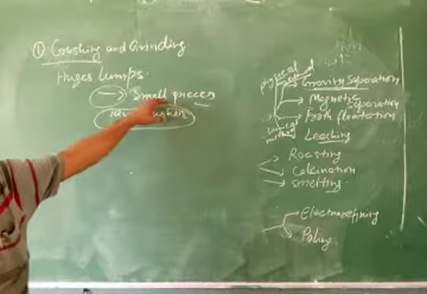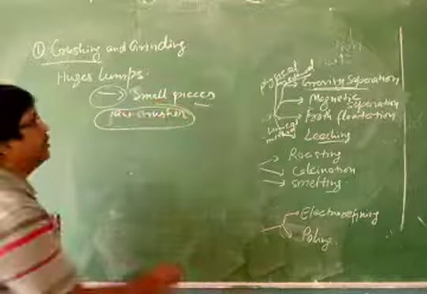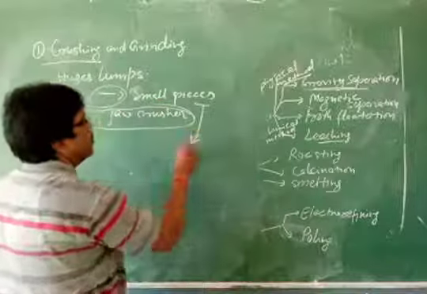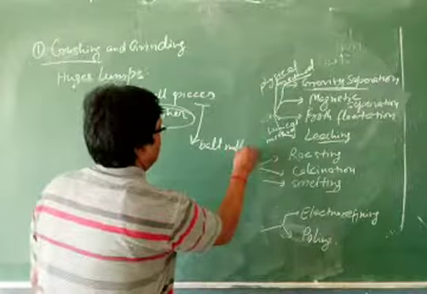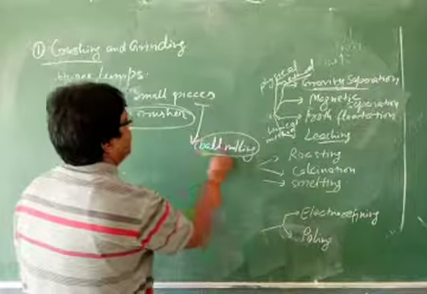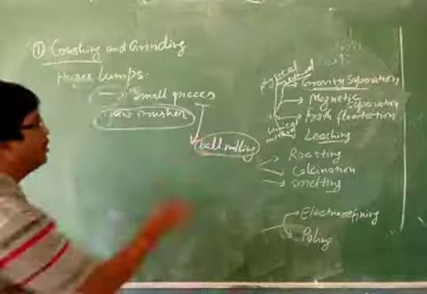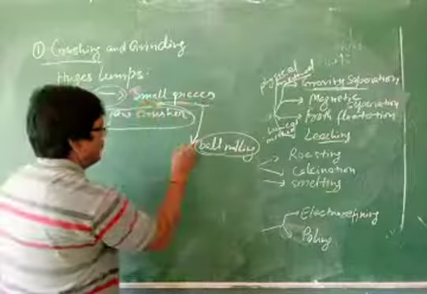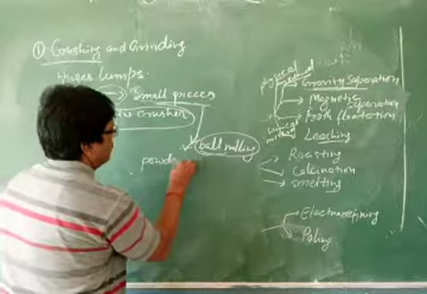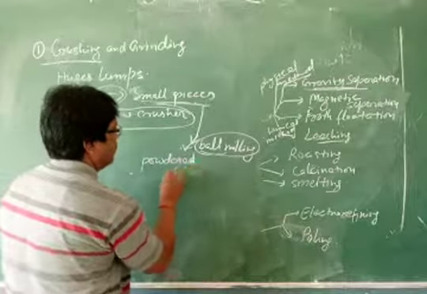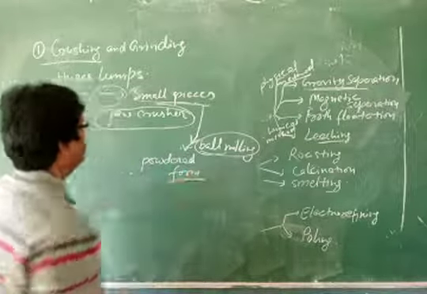After converting into small pieces, you do the process in ball milling. In ball milling, these small pieces are further crushed into powdered form.